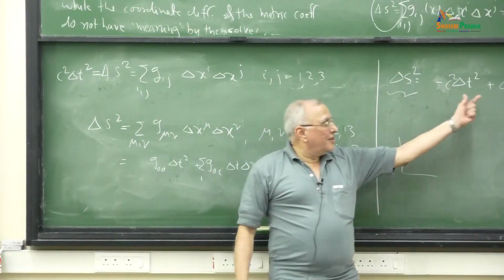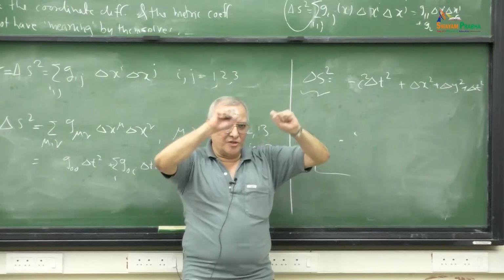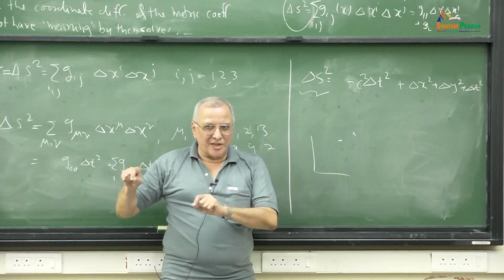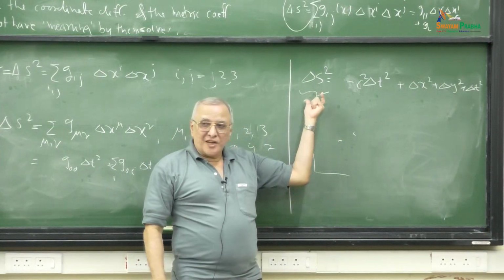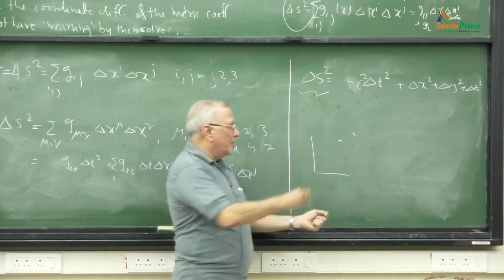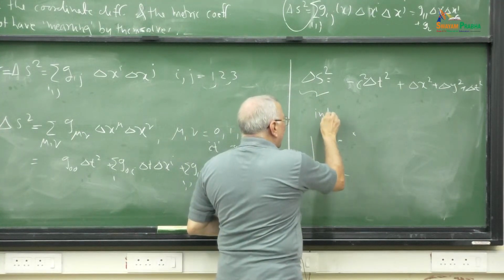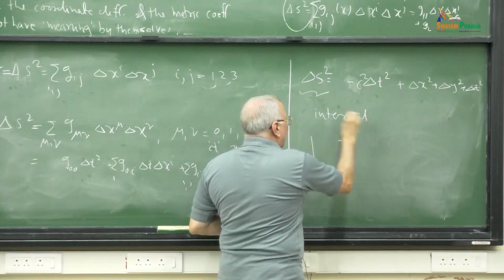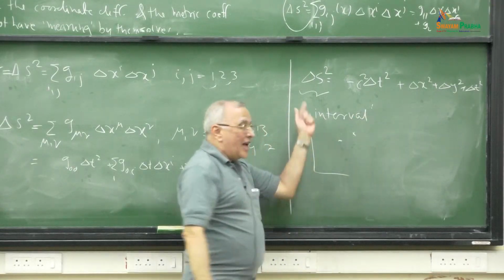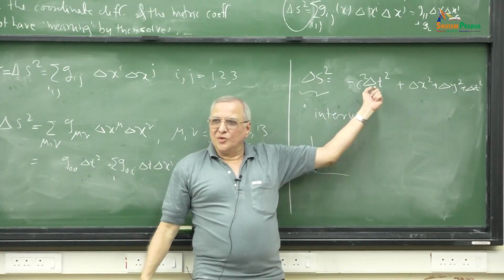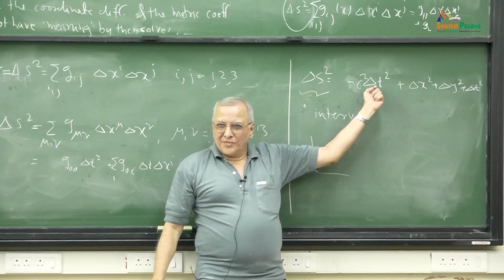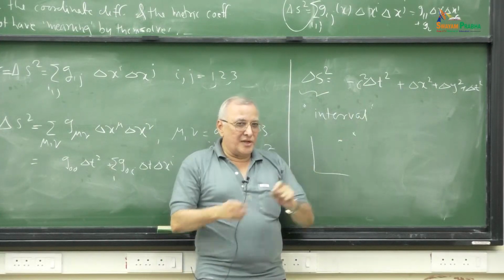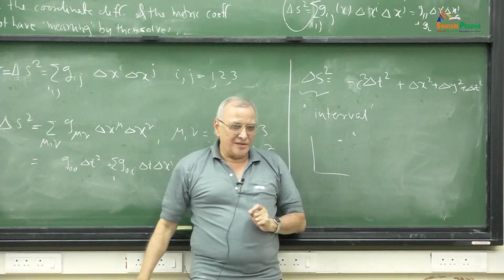Remember, these are variables, there are different sets of points I can choose. For special cases, I will get certain values. So this generalized notion of interval will match with the distance provided delta t is 0, and will be equal to 0 if these two deltas correspond to light flashing and coming back.